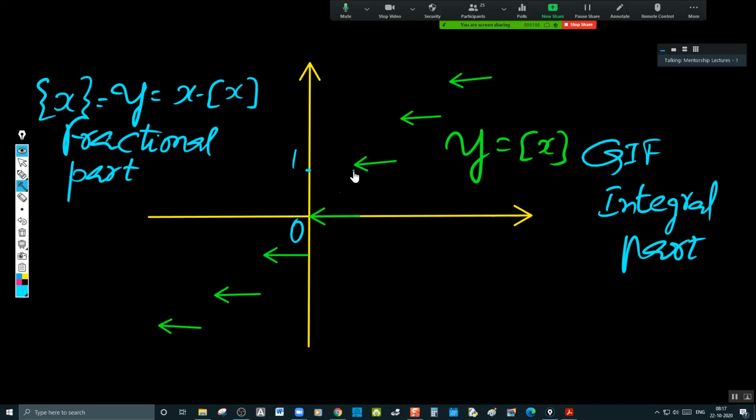So it goes like this. This is between 0 and 1, this is between 1 and 2, this is between 2 and 3, and this is between 3 and 4. Like this it goes.